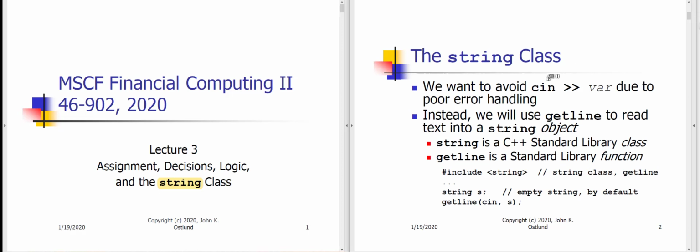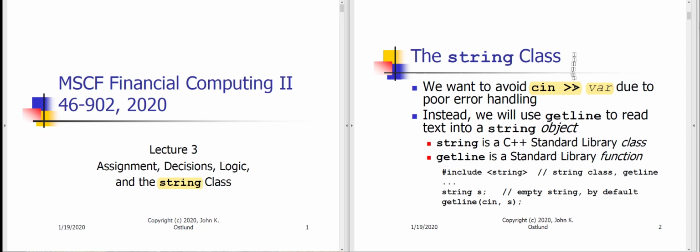Okay, so near the end of the previous lecture, I showed you an example of using the cin standard input stream object with the extract or get from operator to read data into a variable of some type. That construction has a lot of problems in terms of handling errors, because users make every error you can imagine and a lot you can't imagine.